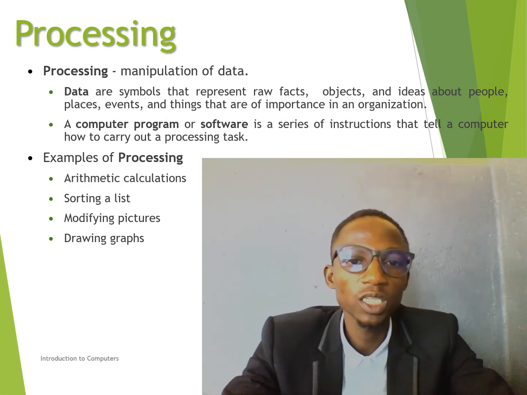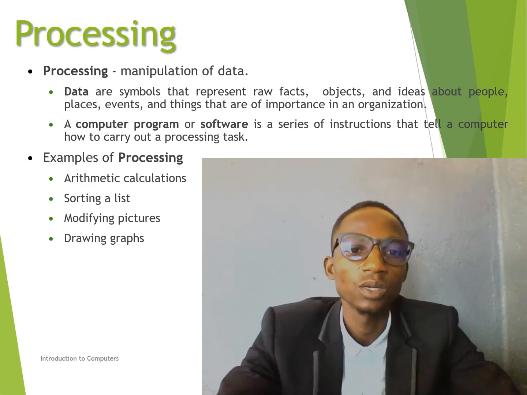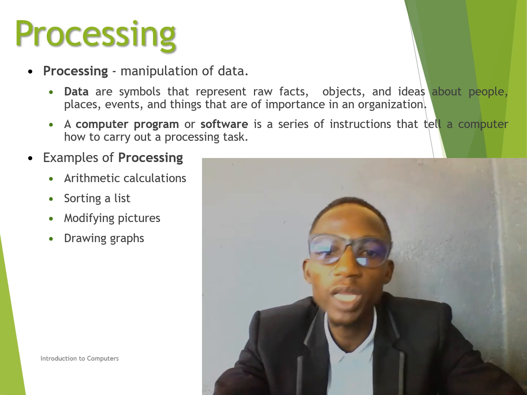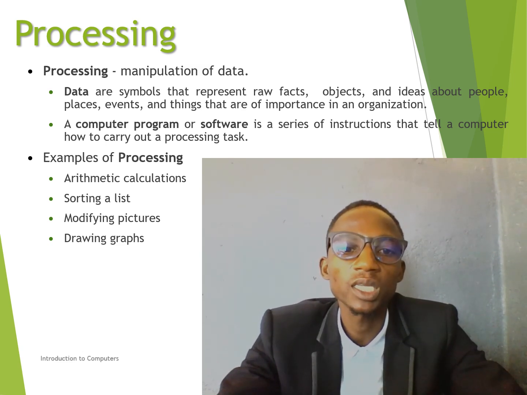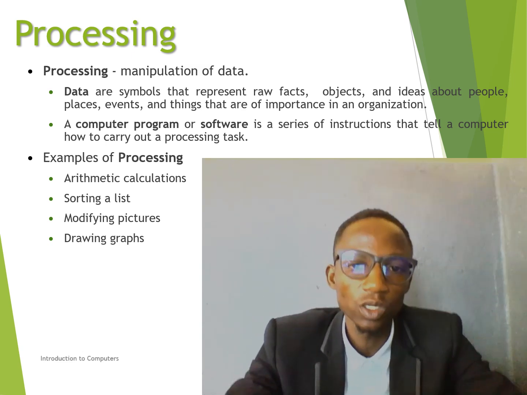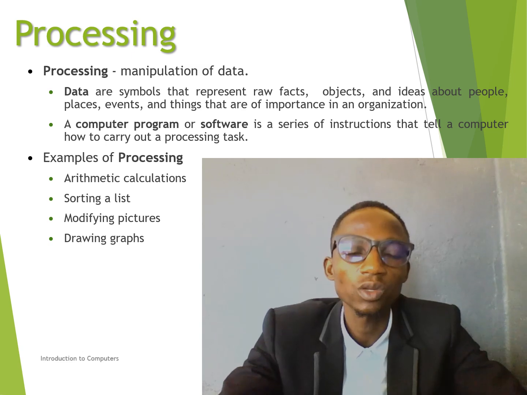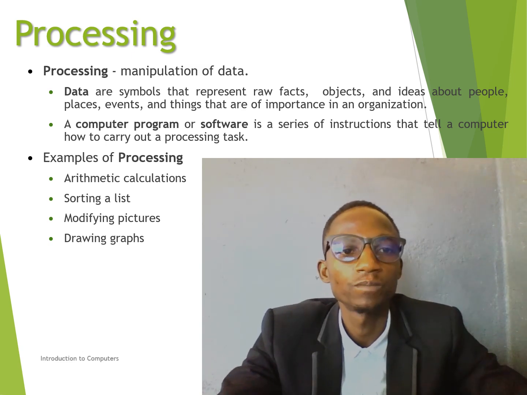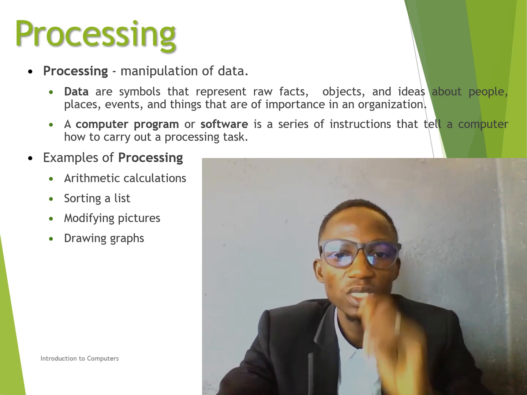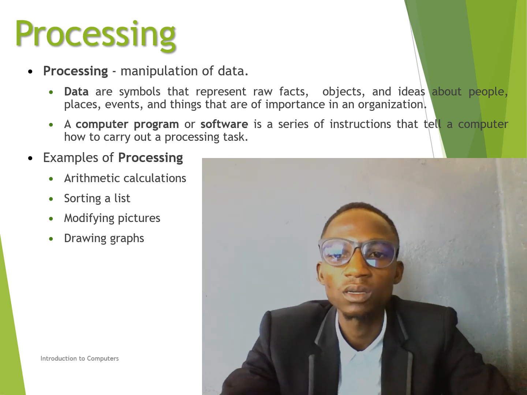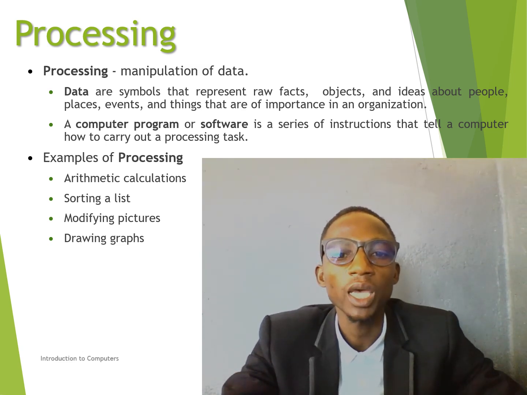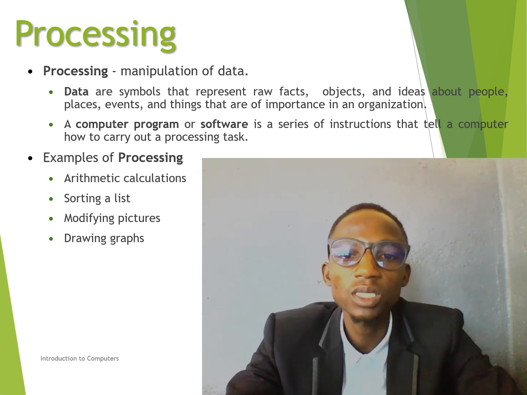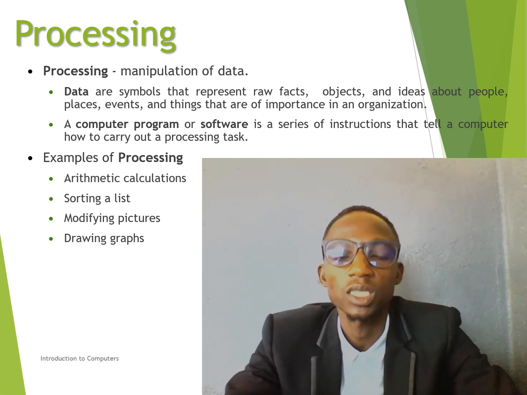So let's look at this step, processing. Processing is like manipulation of data, altering data, changing or modifying data so that it can come out to a proper thing, to a real thing. So data are symbols that represent raw facts, objects, and ideas about people, places, events, and things that are of importance in an organization.